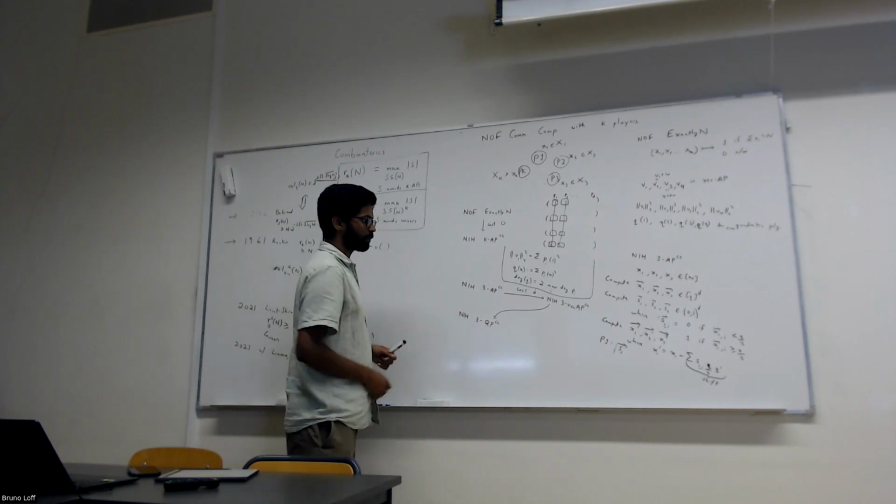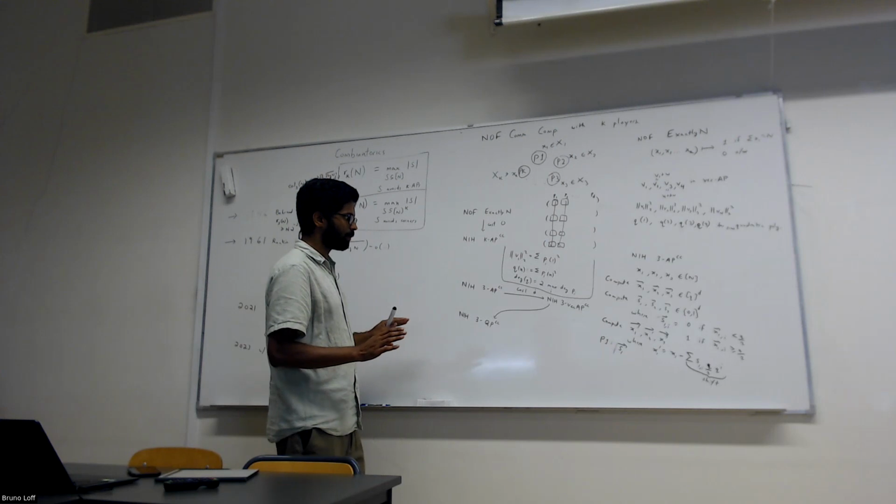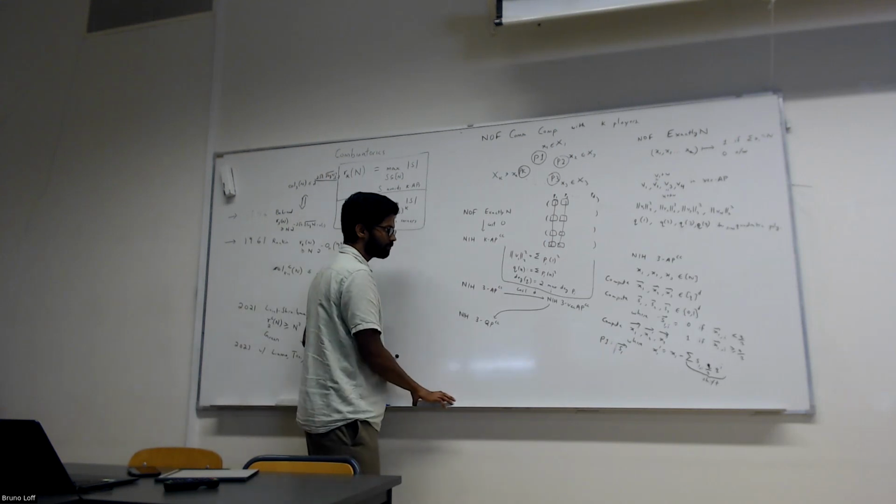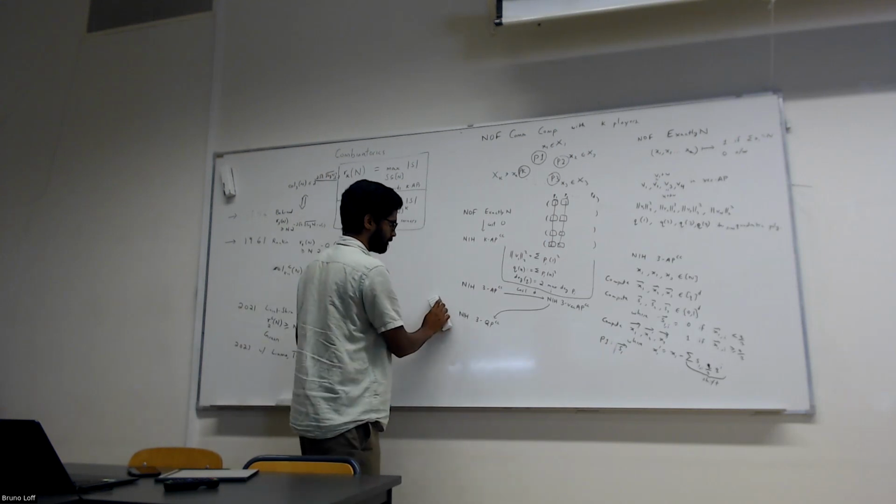So this gives us a quadratic polynomial, and we want to continue down this chain of reductions.